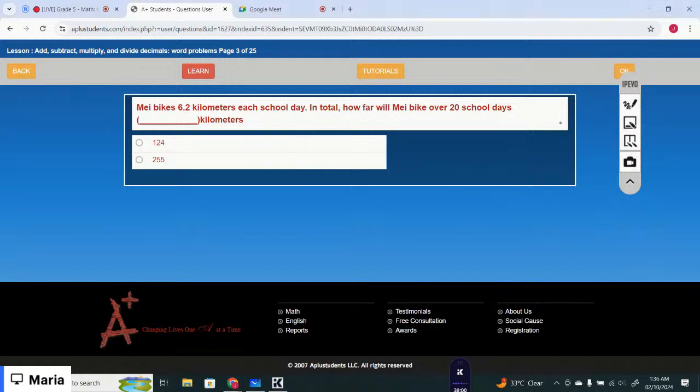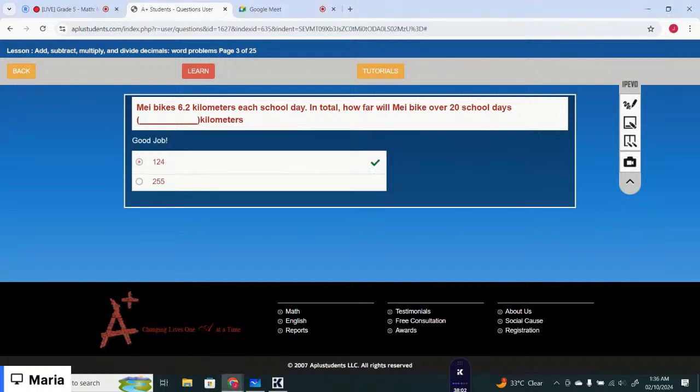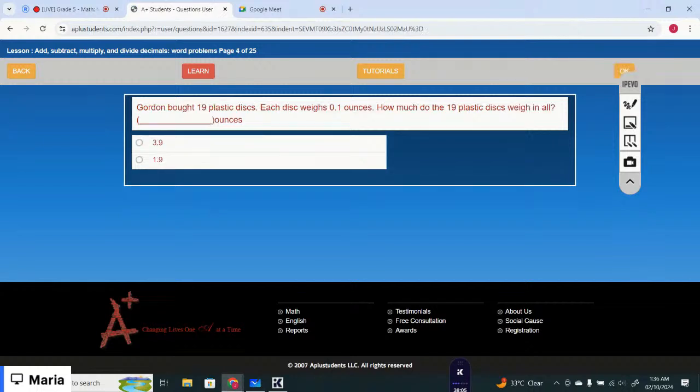That means if we bike 6.2 kilometers daily, after 20 days, we will be 124 kilometers away, right?